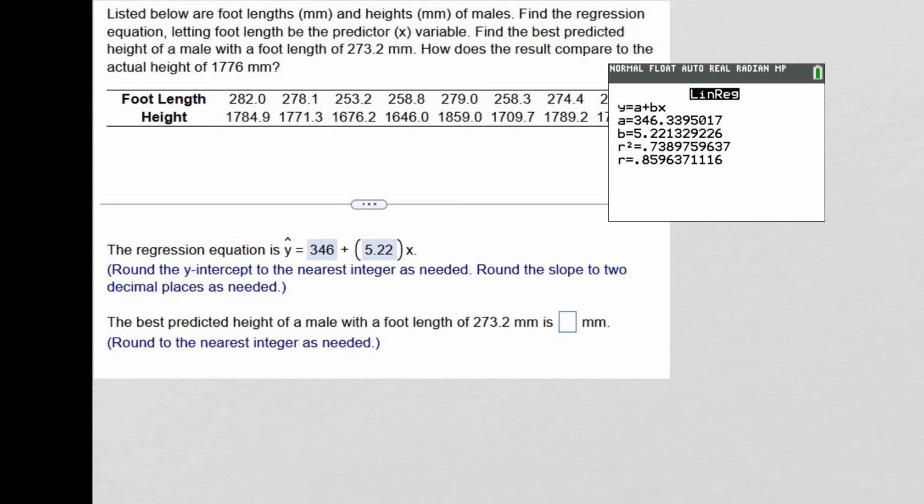Okay, so now let's take a look at part 2. It says the best predicted height of a male with a foot length of 273.2 millimeters is what? So again, I'm going to draw my number line.